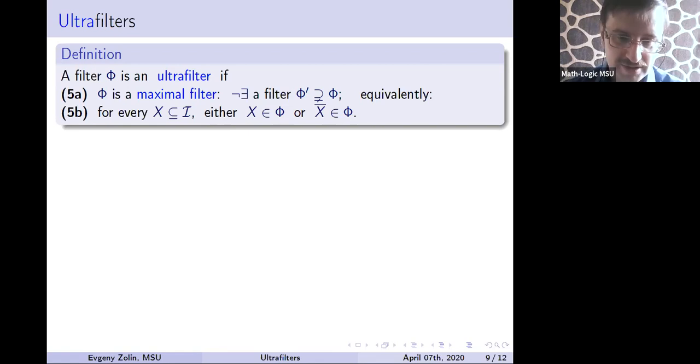For any set, either this set belongs to phi or its complement belongs to phi. So if our set I has n elements, then the power set has 2 to the power n elements. And then an ultrafilter will have exactly half of them, 2 to the power n minus 1 sets.